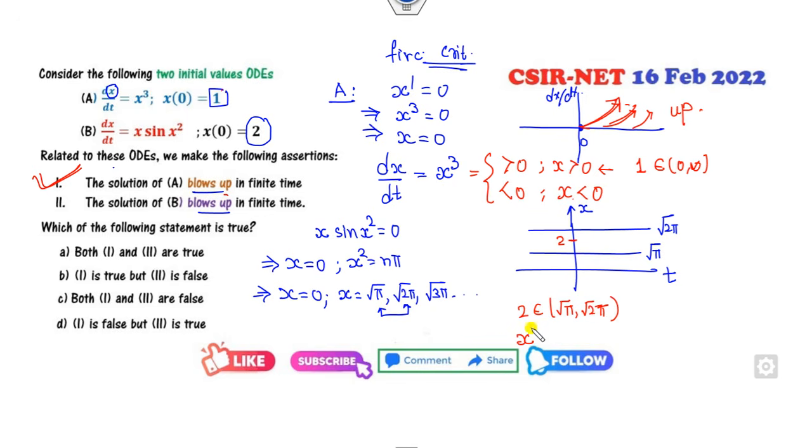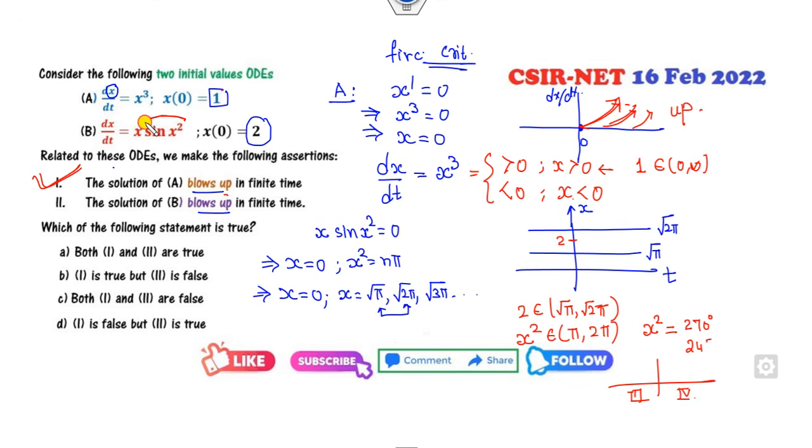So that means x square must lie between pi and 2 pi. Choose any x square, for example 180 degrees, and so I can choose 270 degrees, or you can choose 245. That means it lies in the third and fourth quadrant.